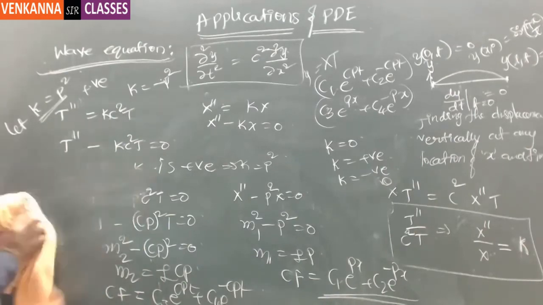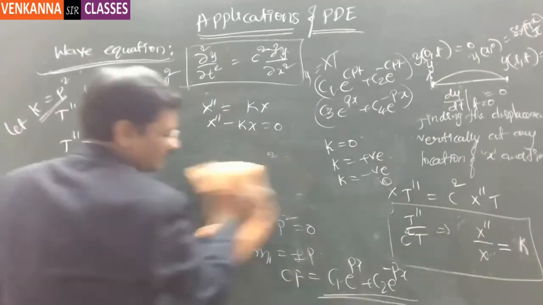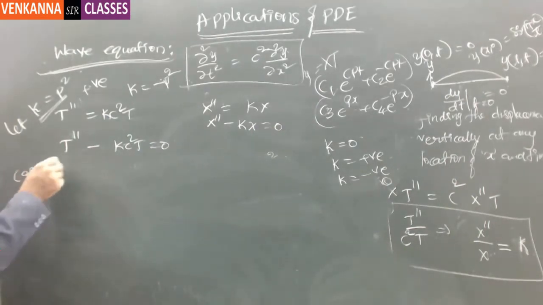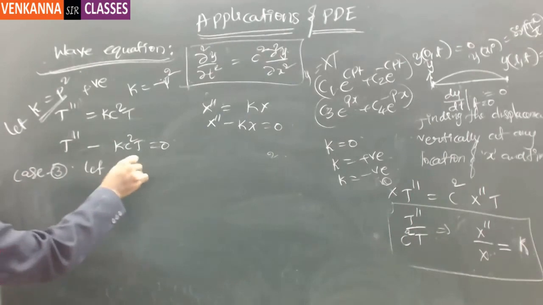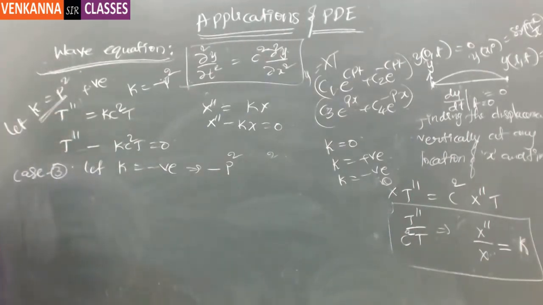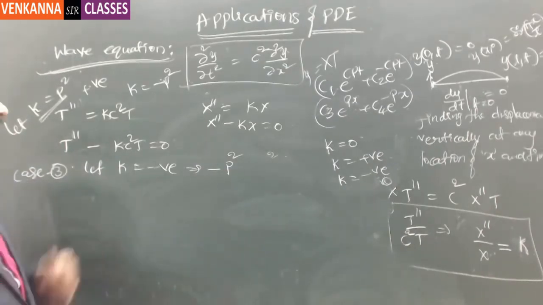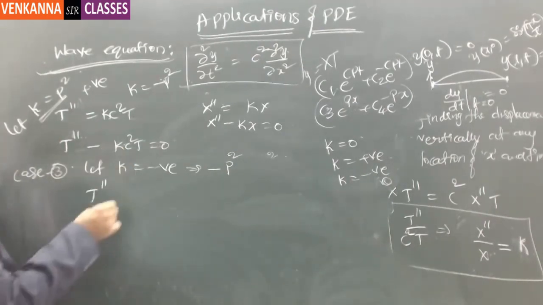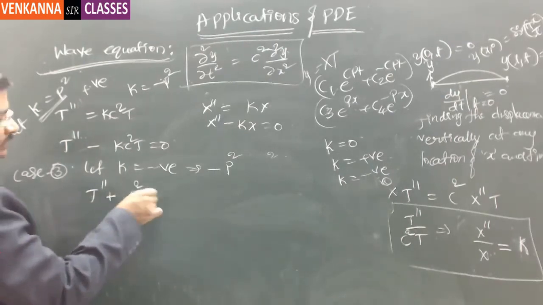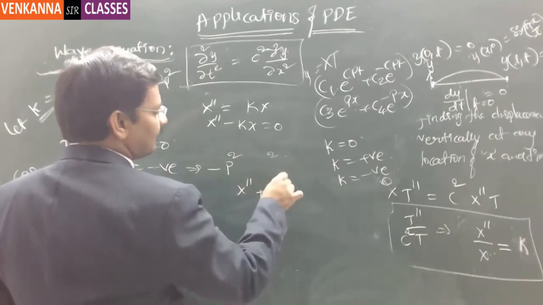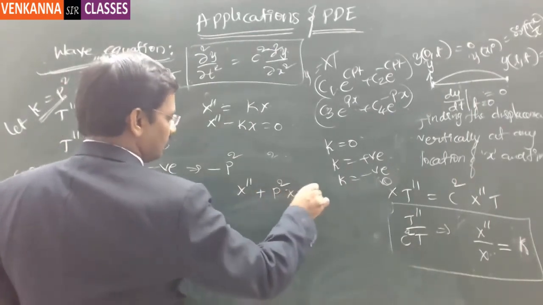Suppose in case 3, let k be negative, that means minus p square. If k is minus p square, which is always a negative number, then you can put it here: T double dash plus p square c square T, and here also X double dash minus of minus will be plus p square X equal to 0.